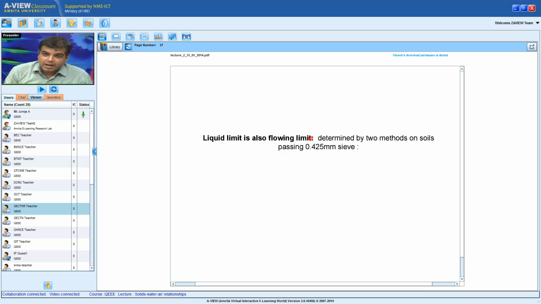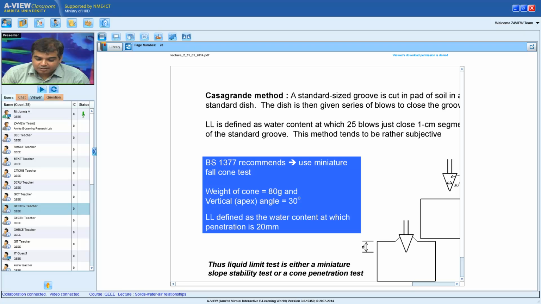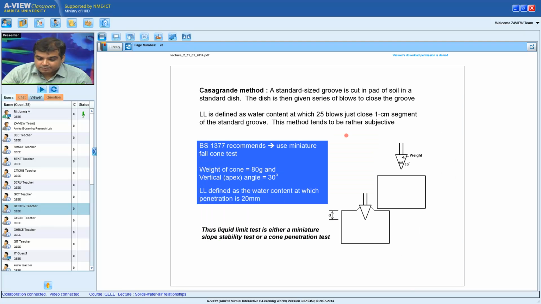So even today, when we do these tests, we just follow the guidelines or standards such that when I do a test in my part of the world and you do your test in your part of the world, we can compare the results. The standards are just based on these numbers generated by Atterberg.